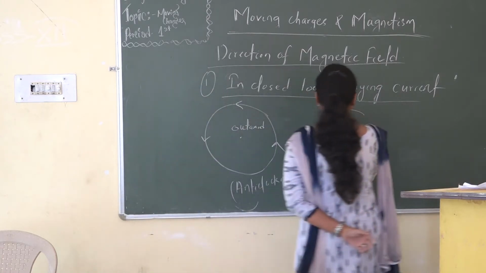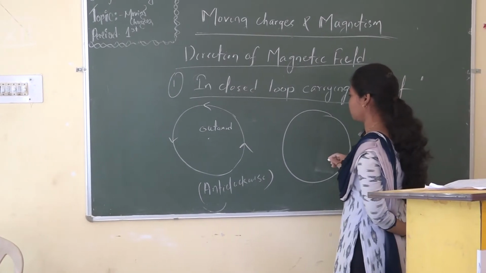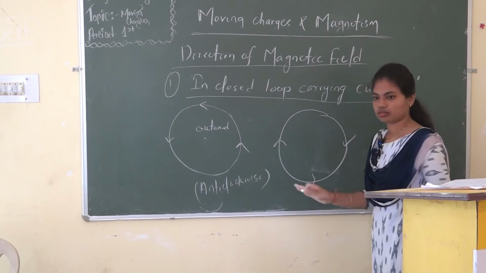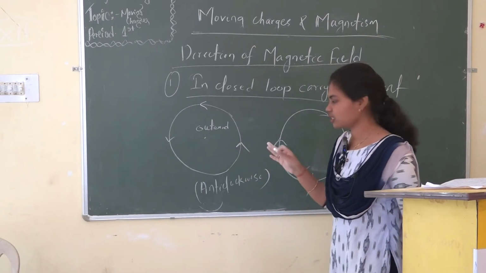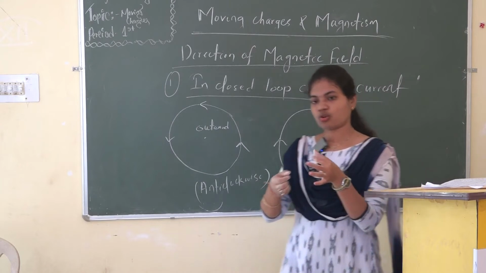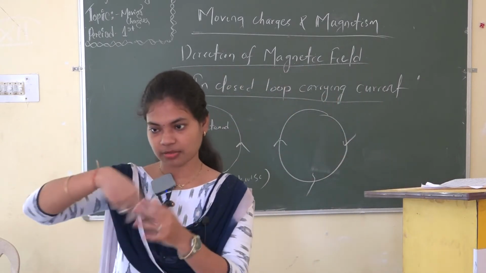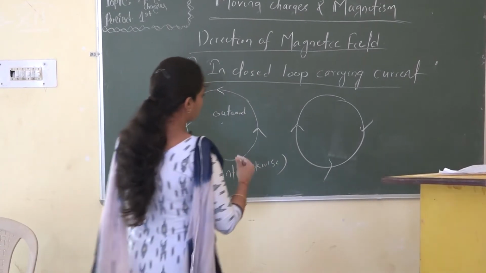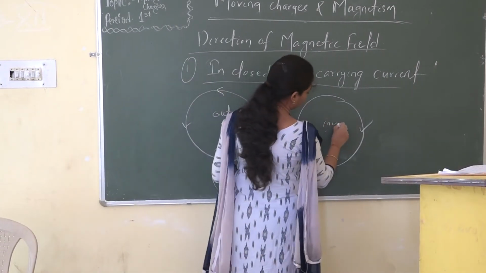When we flow the current in clockwise direction, then what happens? We close the screw. Clockwise means closing the screw, so the magnetic field is in inward direction.